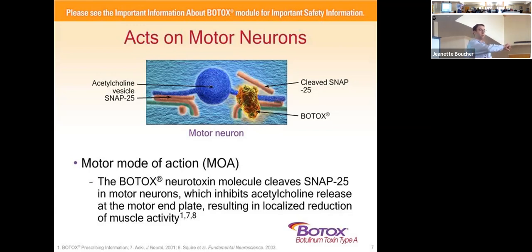Typically, the nerve will release a neurotransmitter called acetylcholine to in turn signal to the muscle to activate the muscle. What Botox does is it blocks the ability of the nerve to release that messenger to the muscle, which in turn prevents that abnormal contracture of the muscle.